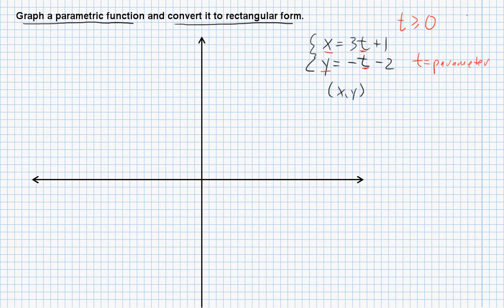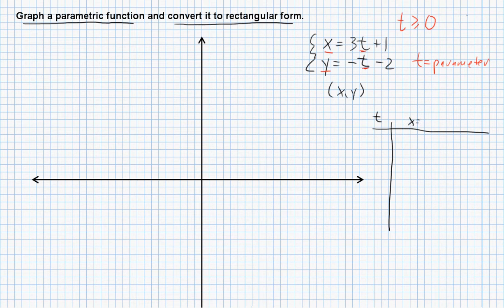To actually graph this function, we're going to make a t-table. The first column will be for our values of t, which we'll pick.